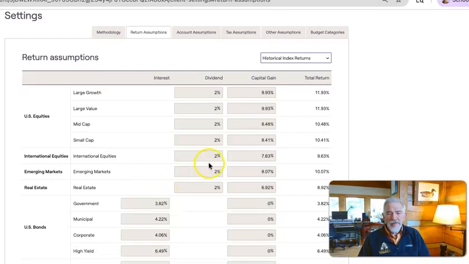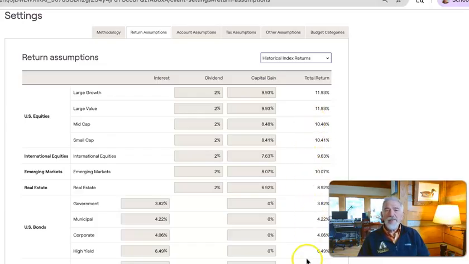International equities, same thing, 2% dividend, 7% capital gains to make up a 9.6% total return for that particular asset class. And so as you work on down through the pages, you can see the different asset classes have different levels of returns, starting from the more optimistic ones, the equities, and moving on down into the fixed instruments here.